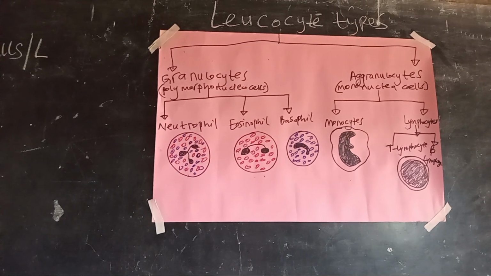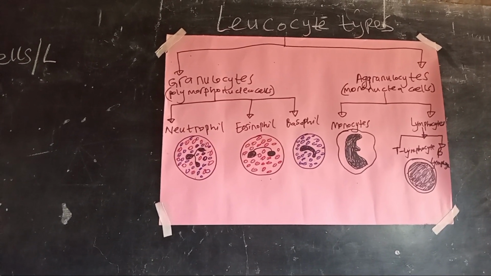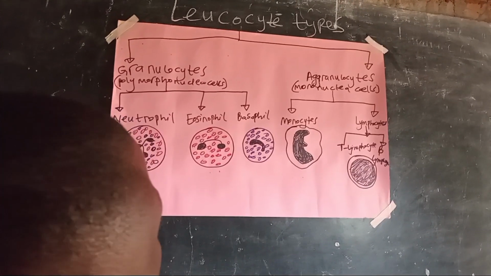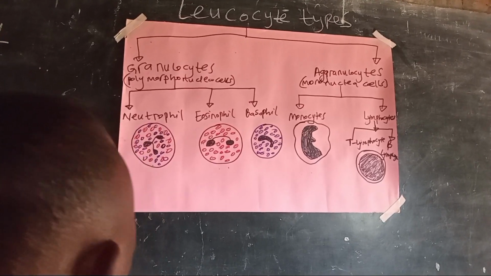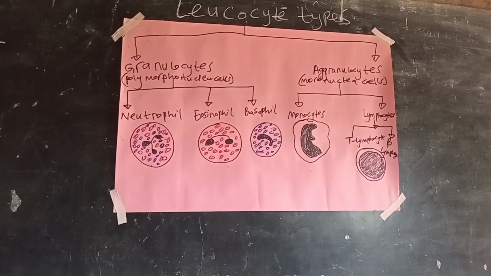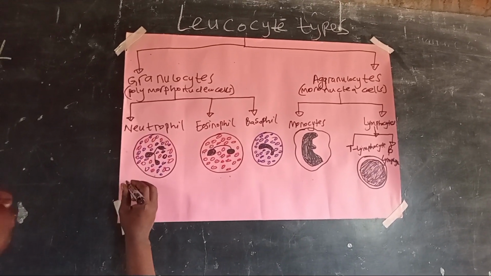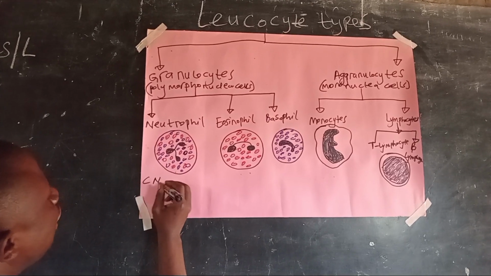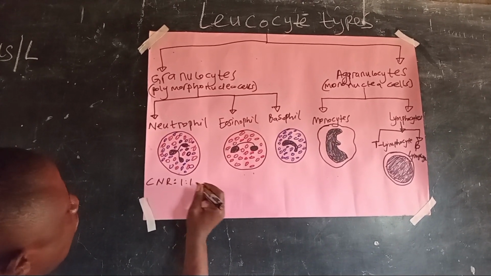Now, let us first finish this part. When you look at the cytoplasm to nuclear ratio, it is 1:1.